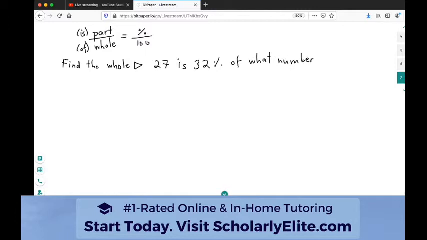Well, we can definitely solve for that. And the way we do that is, again, setting this up. So let's represent what each thing is by first walking through the question. So 27 is 32% of what number?